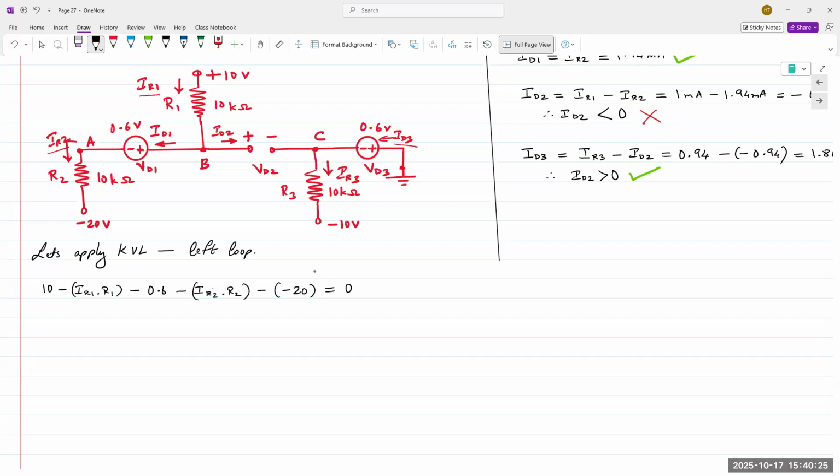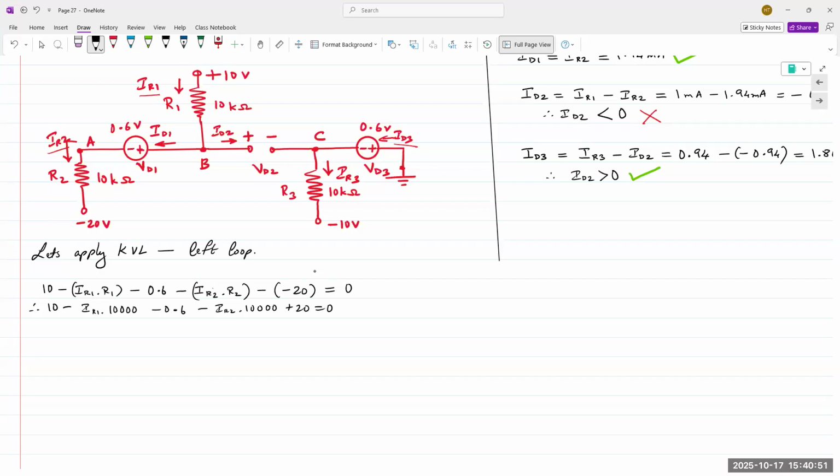Let's substitute the values in there. And what do we get? 10 minus IR1 times 10,000 minus 0.6 minus IR2 times 10,000 plus 20 is equal to 0. But now IR1 and IR2 are the same. No difference, right?